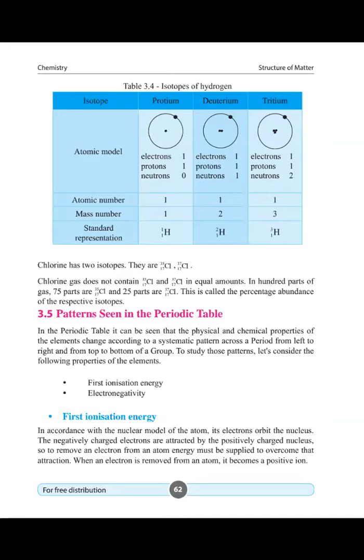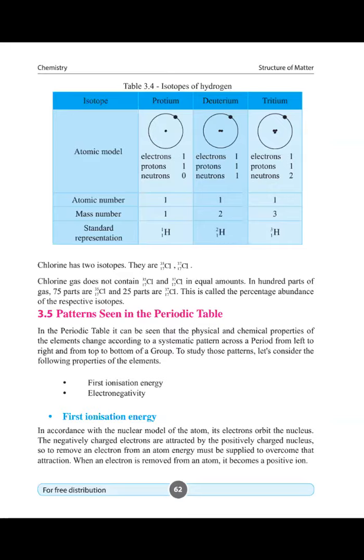Now, during a chemical reaction, either removal of electrons occurs, or acceptance of electrons, or sharing of electrons. To remove an electron from an atom, energy should be supplied because there is an attraction between the positively charged nucleus and the electron.